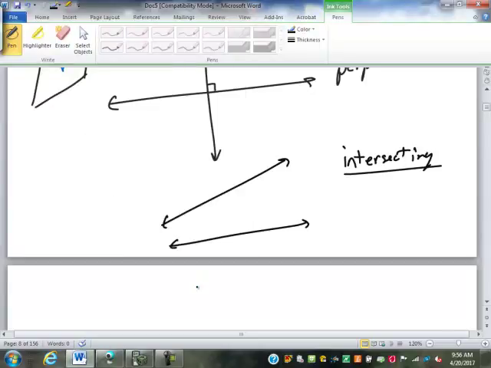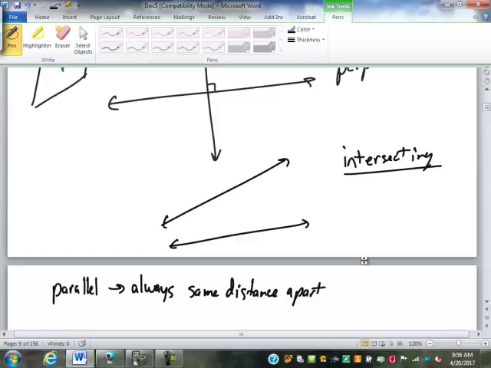The technical definition of parallel is everywhere equidistant. What that means is always the same distance apart. So in 3 dimensions, parallel lines are always the same distance apart.